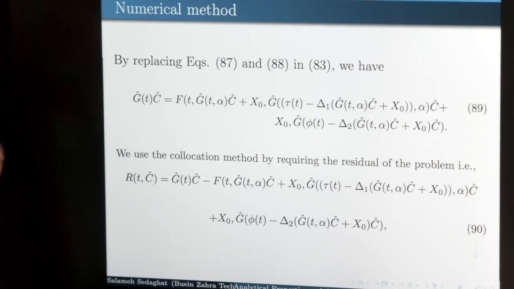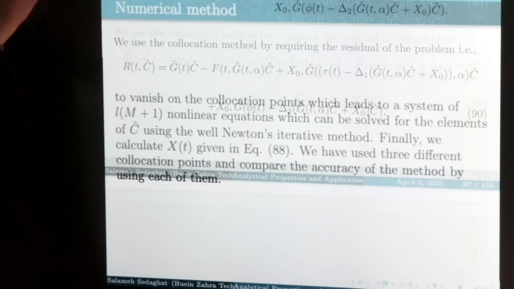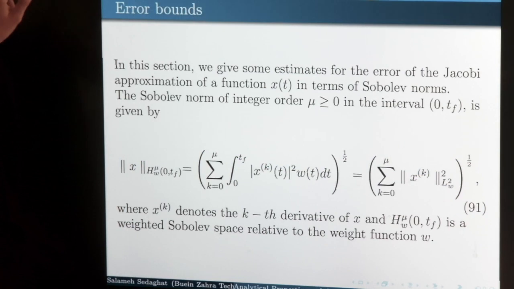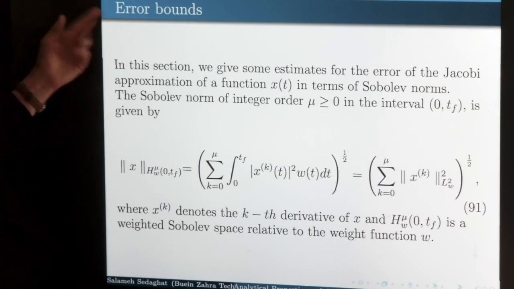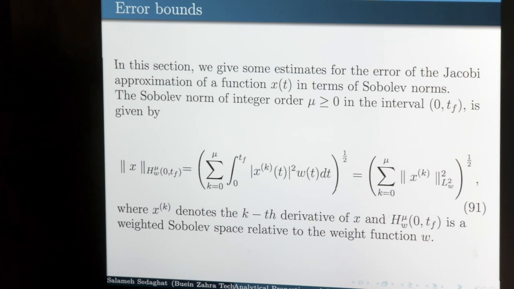And now we have an example, and then we investigate the error bound for this numerical method. First, I show you the error bound, and then I give you an example.